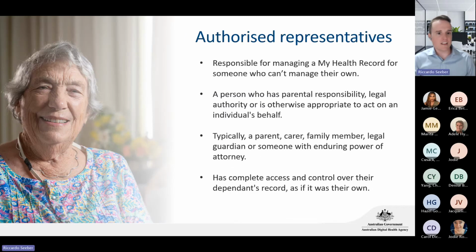And importantly, in the aged care setting, we recognise that many residents will not be able to manage their records. So the system does allow for an authorised representative to do so for them. For residents, this will typically be a family member or a person that has been granted enduring power of guardianship.